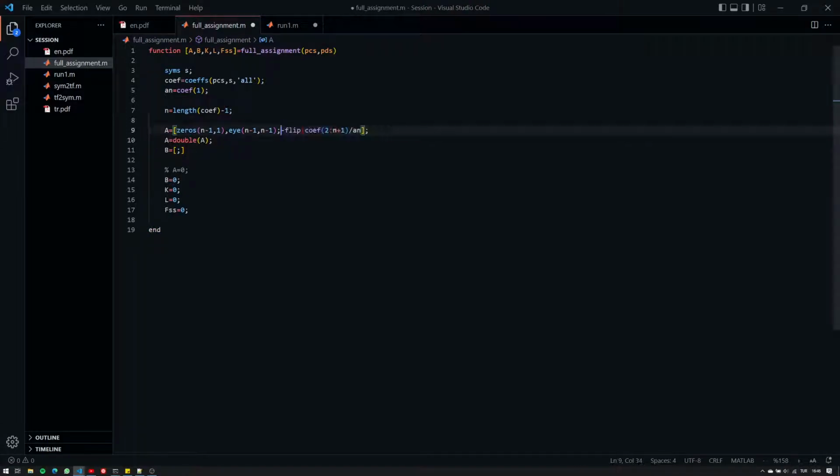So let me just put it like this. Once I'm done with that, I can look for the structure. It will be dot dot dot, and then this would be 1. Again, I can use this here because it's already a column vector and its size is n minus 1, and the last term will be equal to 1, but I will divide into an. And let's also convert this into a double.